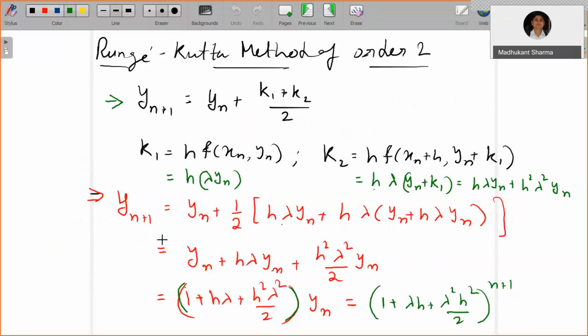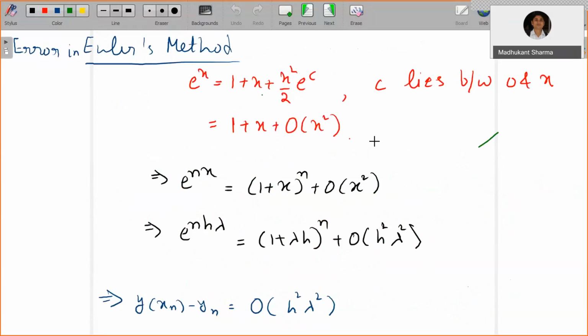Before that, we are going to look at this e to the power x in a very special form. If you use the Taylor approximation, e to the power x can be expanded as 1 plus x plus x square by 2 plus x cube by 3 factorial plus x to the power 4 by 4 factorial and so on.